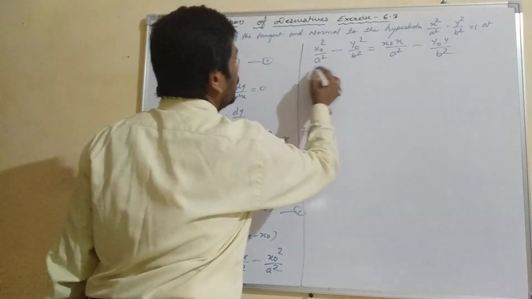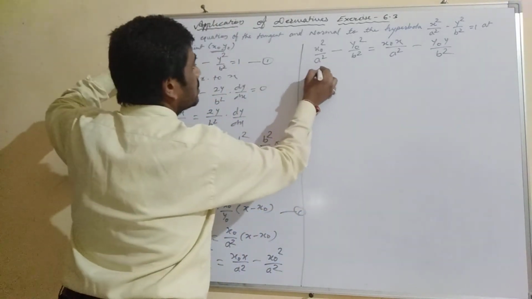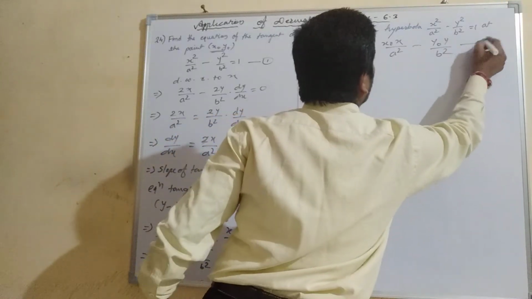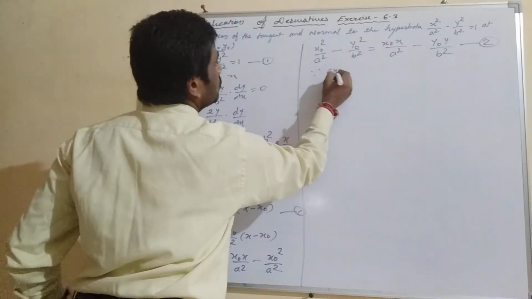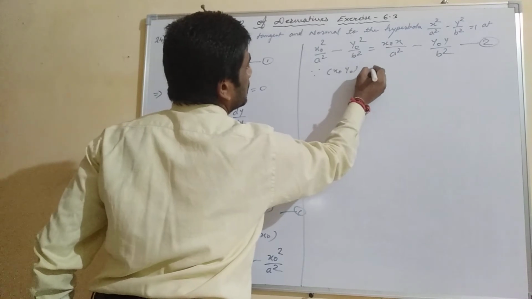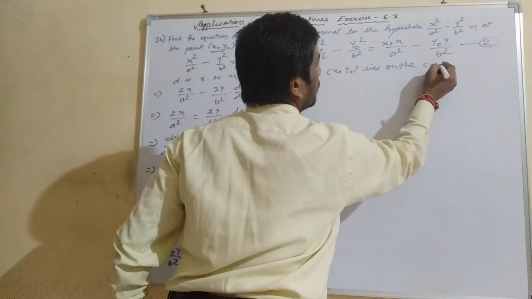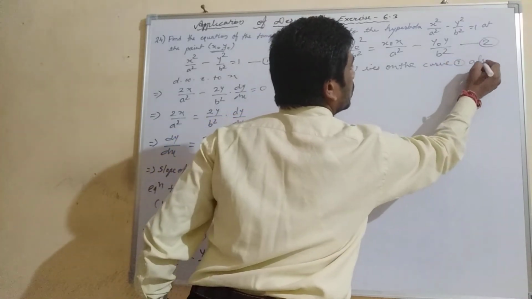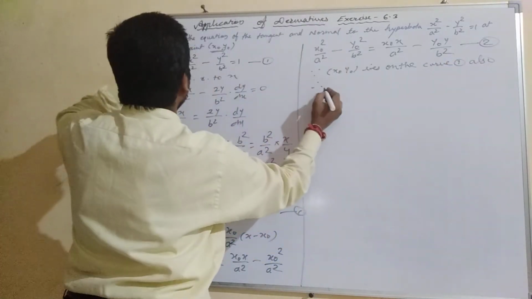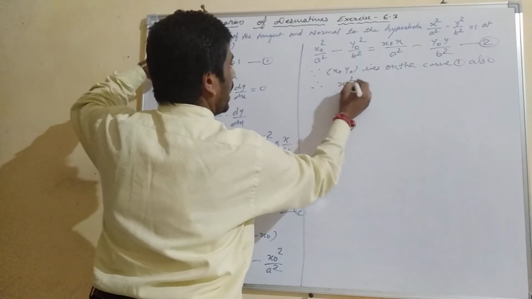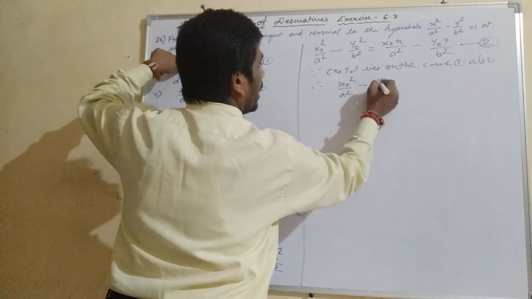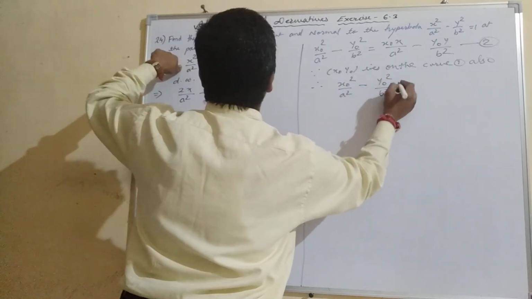Now you know that since this is equation 2, since x naught y naught lies on the curve 1 also, therefore x naught squared upon a squared minus y naught squared upon b squared equal to 1.